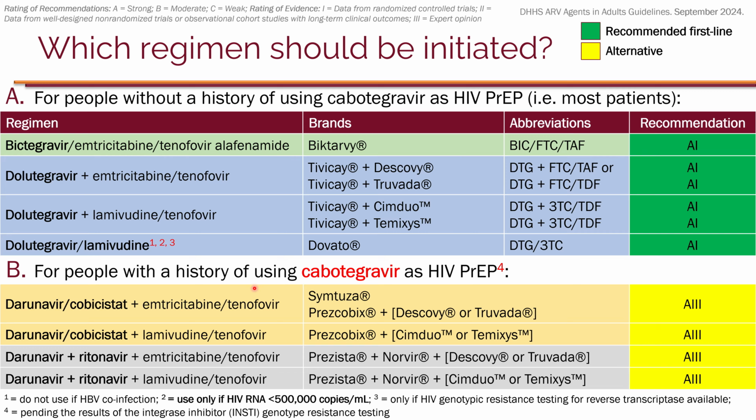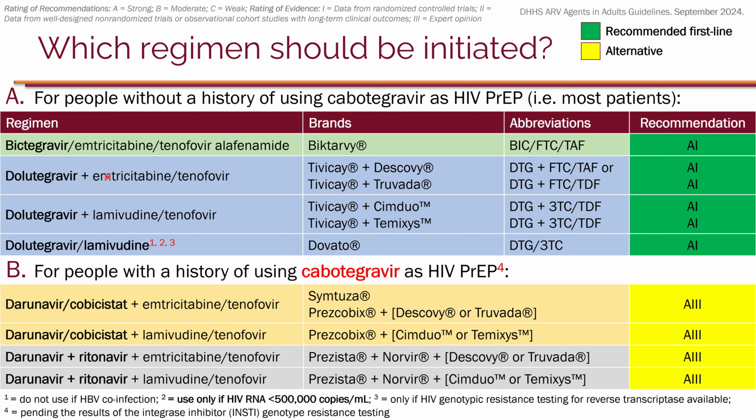Now, one thing that I do want to mention as far as the first-line recommendation with Dolutegravir and lamivudine is that because it only has a single agent as the backbone, there are 3 things to consider. One is that because it only has one drug active against Hep B, people who have Hep B co-infection do need another regimen to be active against Hep B, because Hep B can develop resistance against this.